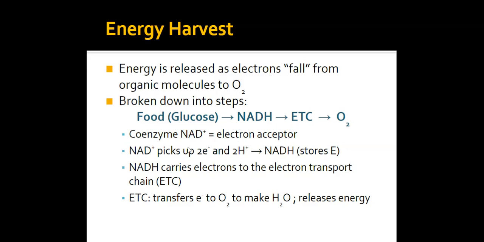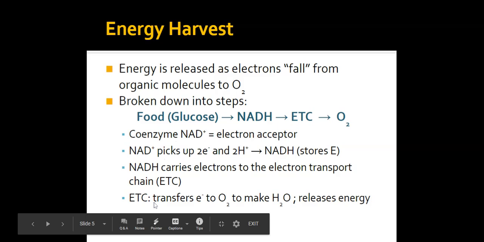Once it picks up some of those electrons, as well as some hydrogen, it becomes NADH. Now it is storing the energy. This is similar to our ATP molecule in that it's a storage of energy, and once this gets used, it's going to revert to its unenergized form, NAD+, in a cyclic fashion, much like ADP and ATP.